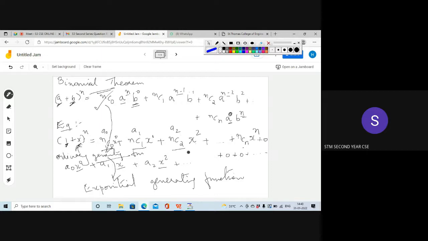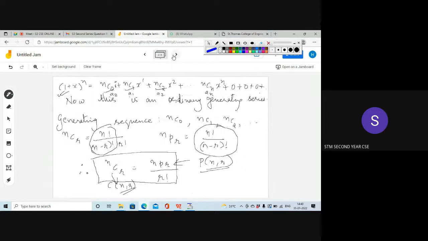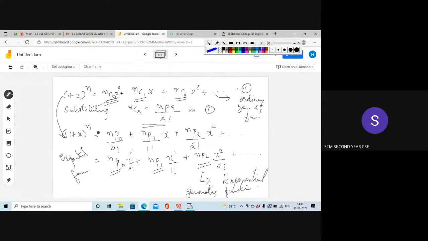After converting to an ordinary generating function, if we substitute the formula nCr is equal to nPr by r factorial, you can generate the exponential generating function for the binomial series. Here we applied this formula and substituted it in this equation, and we found that you could generate the exponential series. Okay, is it clear?